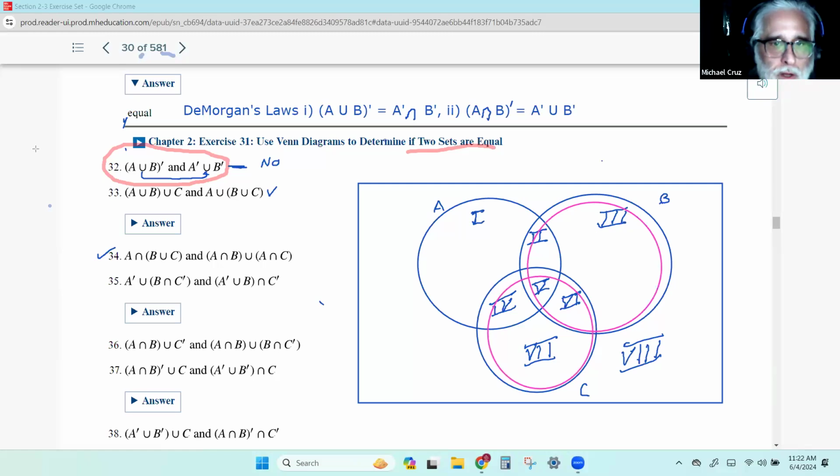So then what we can do, I'll just put right up here, B union C is 2, 3, 4, 5, 6, 7. All right.